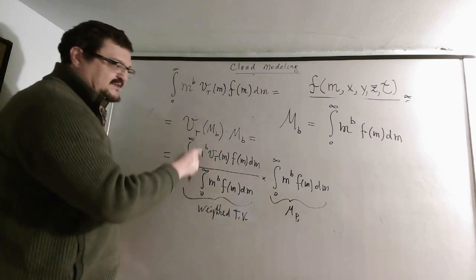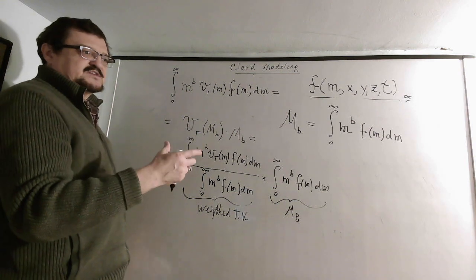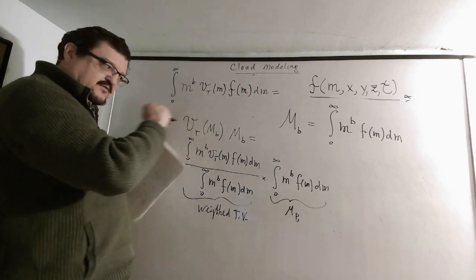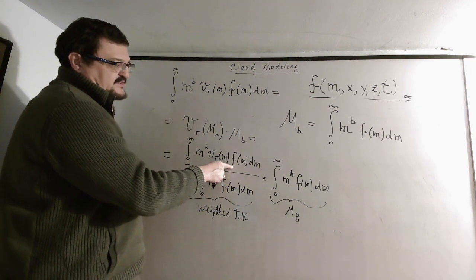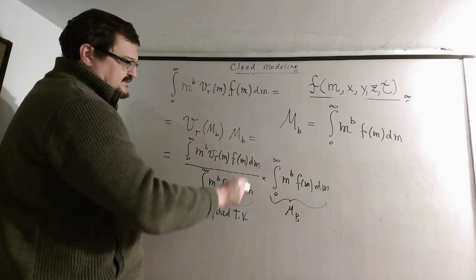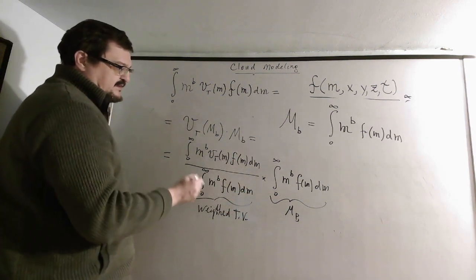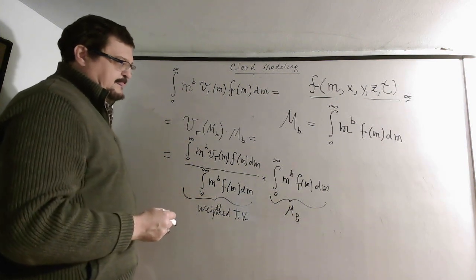So this is a mass weighted, or average, terminal velocity of these particles of various mass falling down, distributed according to this prescribed function f. This is how you find your terminal velocity if you know the analytical expression for f.